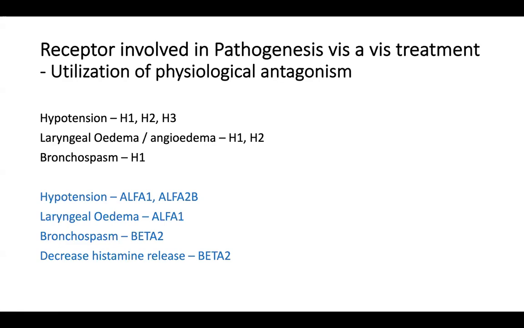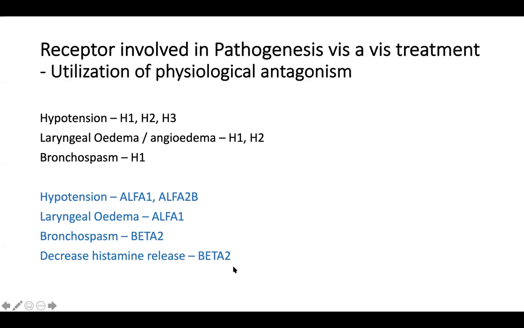Laryngeal edema is also counterbalanced by the alpha-1 receptor by reducing vasodilation as well as vascular leakage. Bronchospasm is counterbalanced by the beta-2 receptor: by increased cyclic AMP, it relaxes the bronchial muscle and thereby opposes the action of histamine.